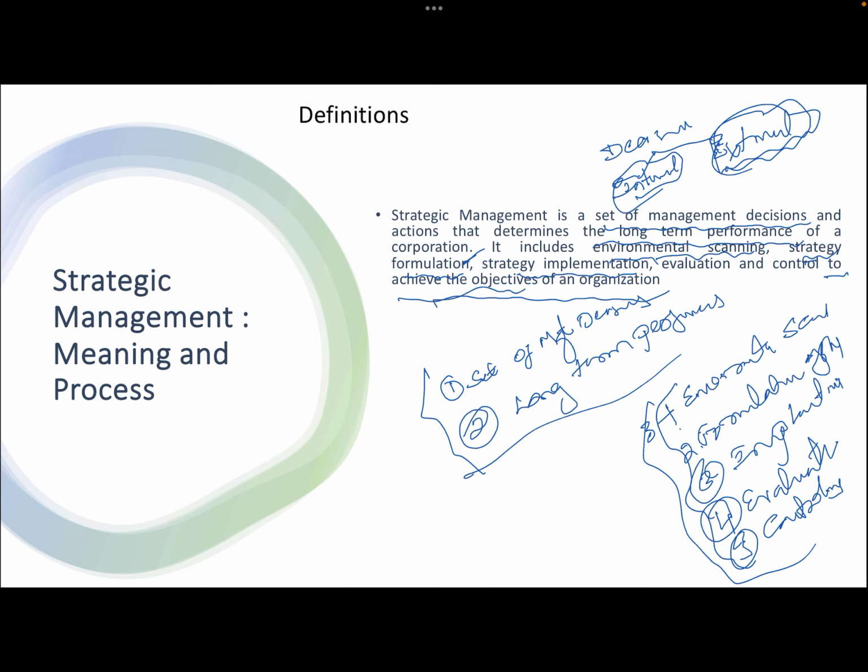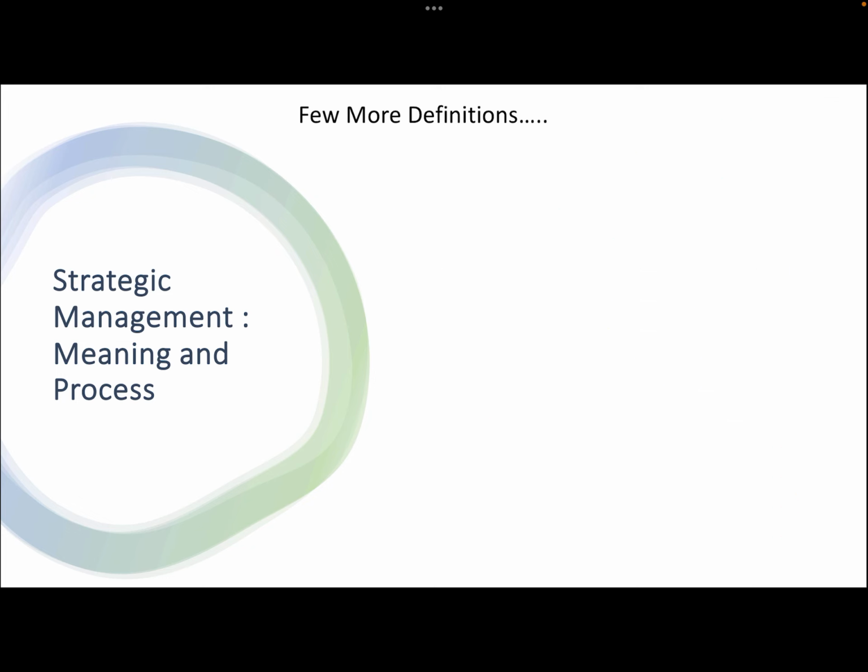To achieve those objectives, strategic management helps by making decisions of long-term importance by following this five-step process. Clear, guys? Let's move to the next part, which deals with the definitions of strategic management by leading authorities.